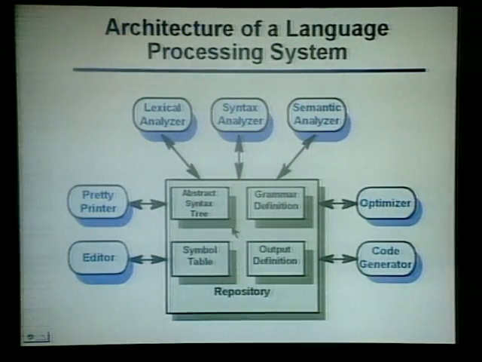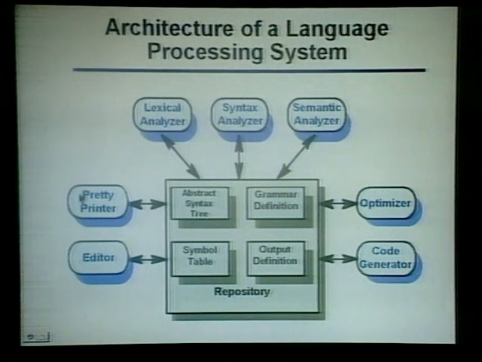This model is therefore useful for applications where data is generated by one subsystem and used by other subsystems. Examples of this type of architecture include command and control systems, management information systems or database systems, CAD systems, and CASE tools. The language processing system shown in this diagram is based on the data-centric approach.